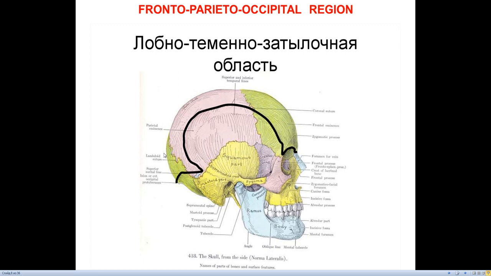The thickness of this compact bone sometimes rises up to 10 to 15 millimeters.